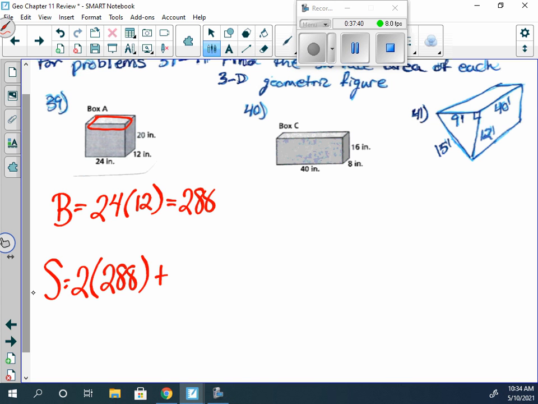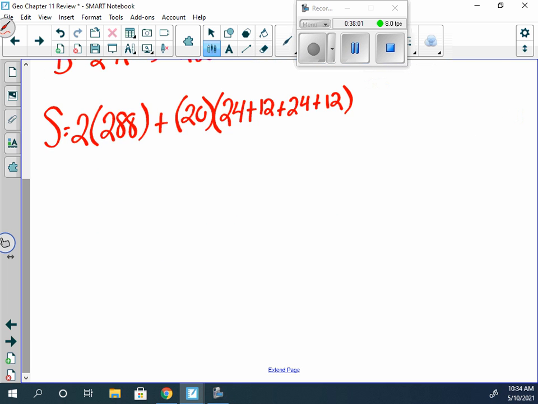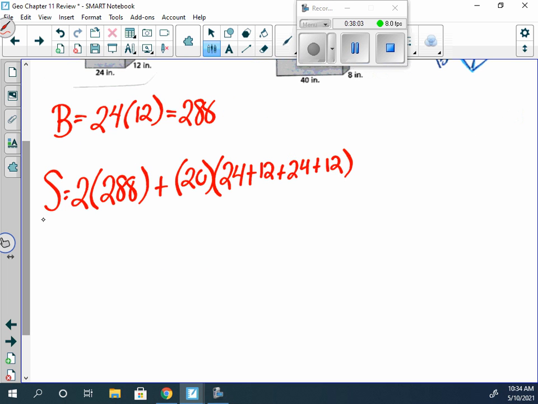Now our lateral faces, and we get that by multiplying the height by the perimeter, which would be 24 plus 12 plus 24 plus 12, going all the way around. Now at this point here, you could plug all this into the calculator.